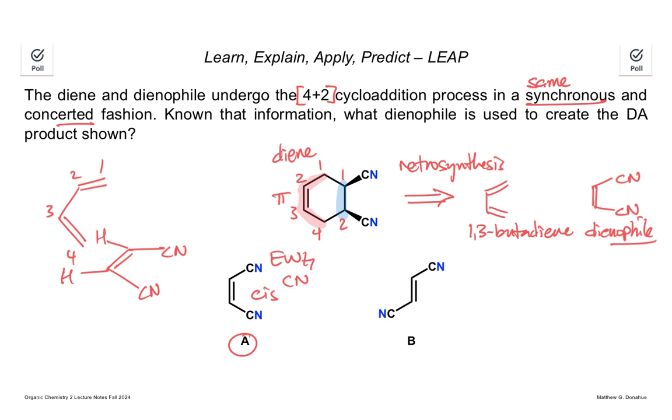If you can imagine the dienophile in a plane, and I'll just sort of draw, is that a rhombus, trapezoid? If that's a flat plane, the diene is going to approach from either the top or the bottom. I'm just showing it approach from the top.